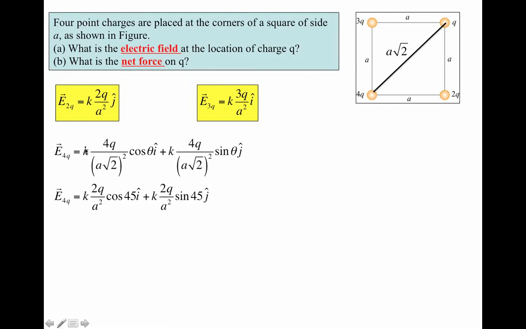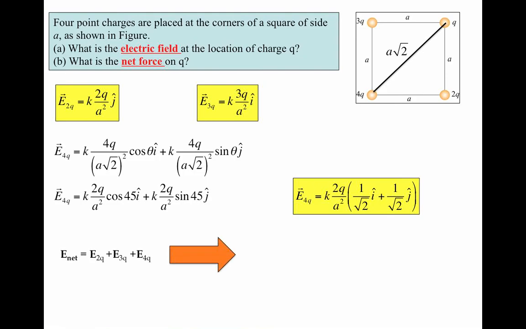So it has, of course, 4Q divided by the distance squared, and then it has an x component and a y component, and the angle again is 45. These two are the same, so this has to be 45 and this has to be 45, and the angle of the electric field is 45. If I work it out, the cosine and the sine of 45 is plus a half. And yeah, so both of them are positive.